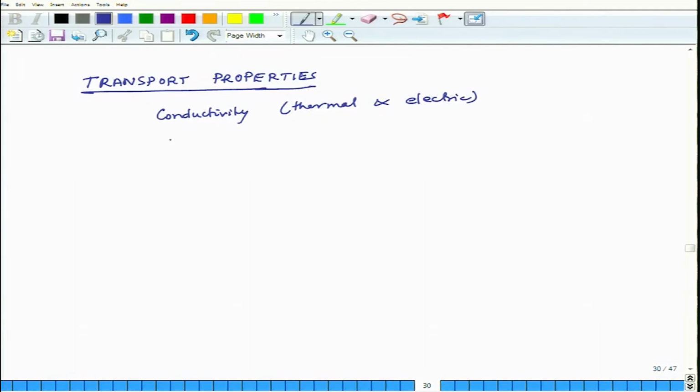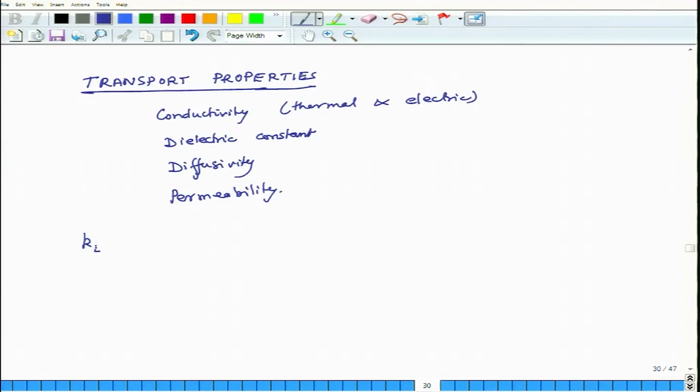Then we have dielectric constant, then we have diffusivity, and we have permeability. So, I will write the relation longitudinally.